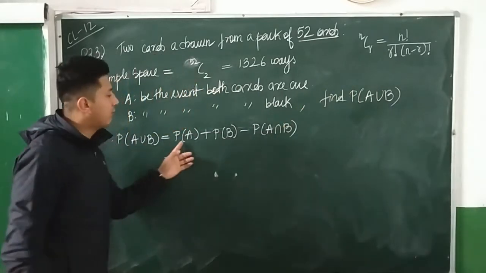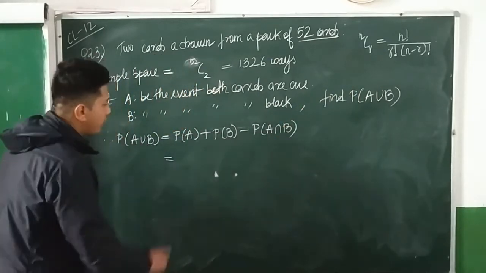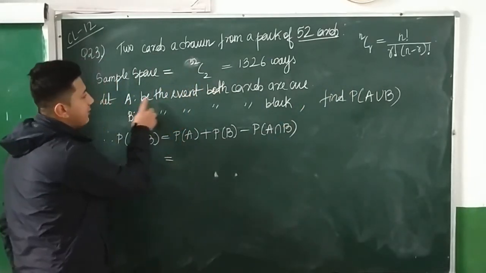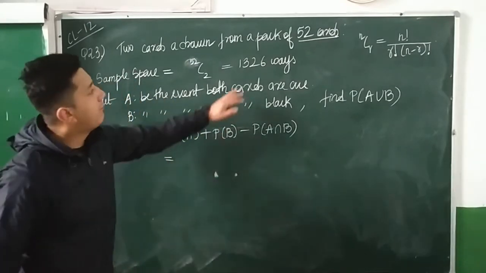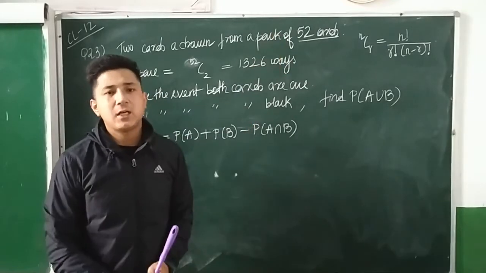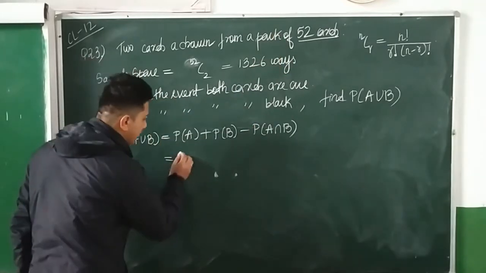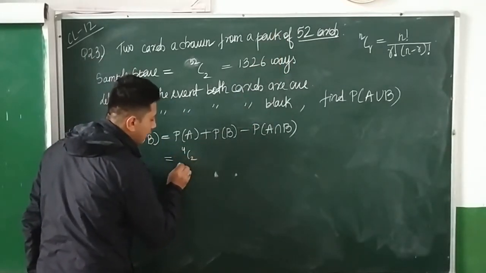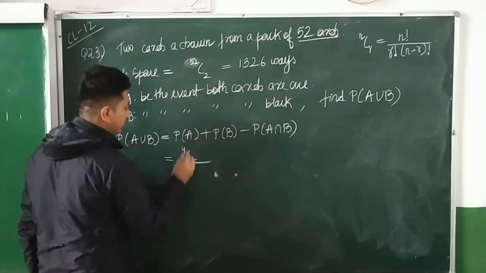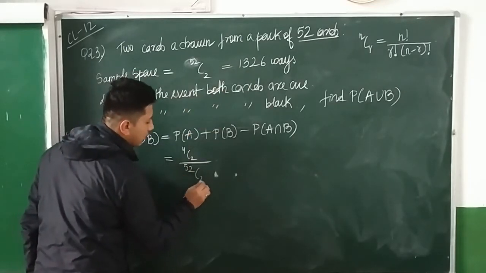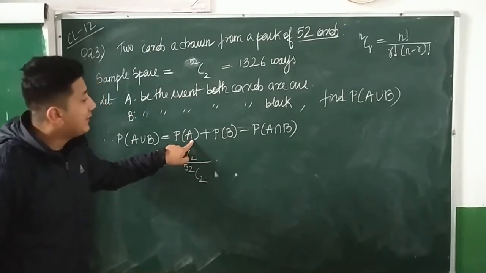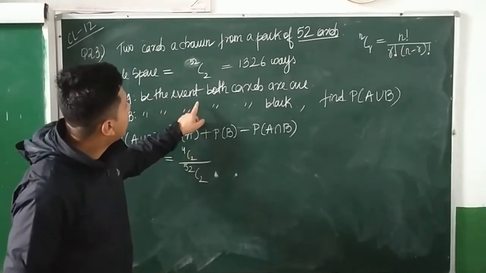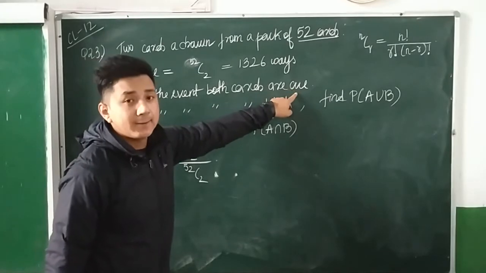So for A or B, the formula is this. Probability of A means both the cards are ace. In 52 playing cards, how many aces are there? 4. So 4C2 divided by 52C2. Please understand this properly: A is the event that both cards are ace.